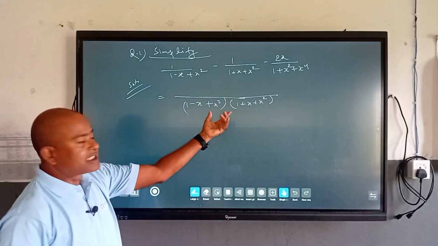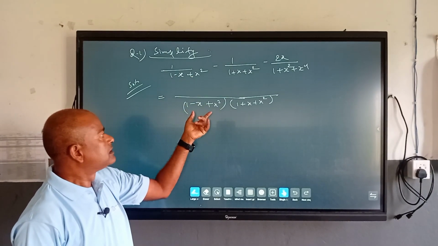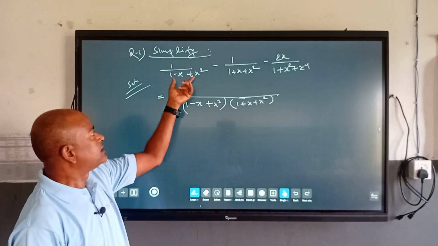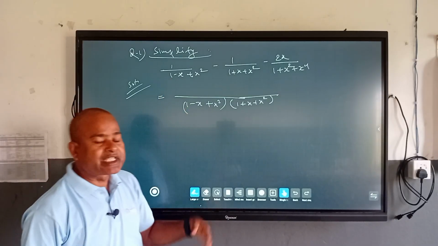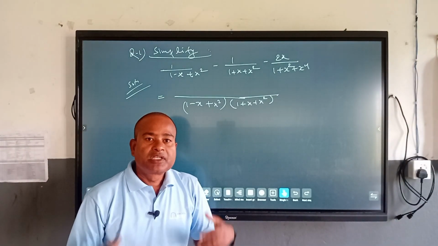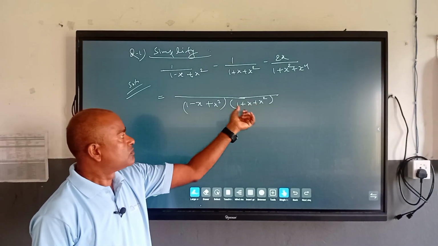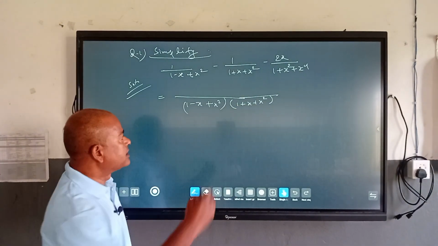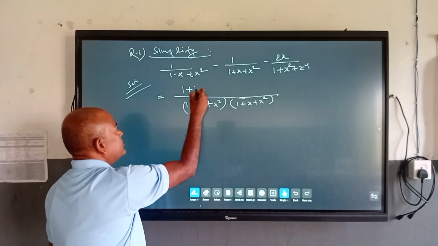So after taking the LCM, we have to divide the LCM by the denominators. If we divide the LCM by the first denominator, 1 minus x plus x square, they are the same, so they will cancel each other. Then we get the remaining factor 1 plus x square, which will multiply the numerator.